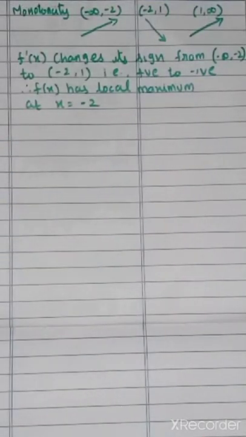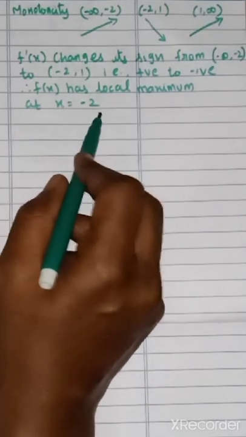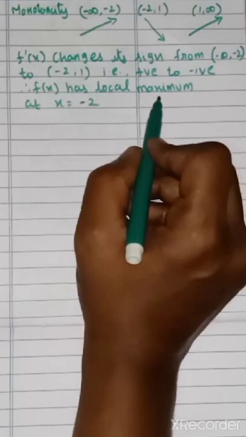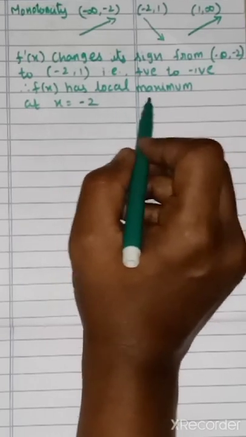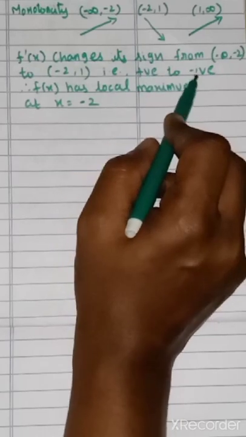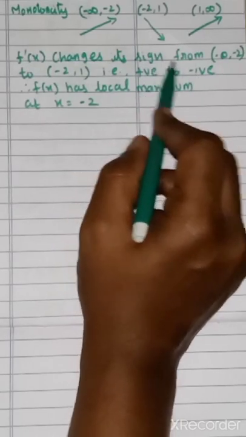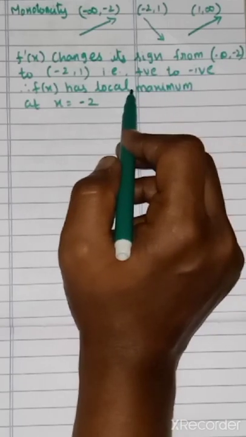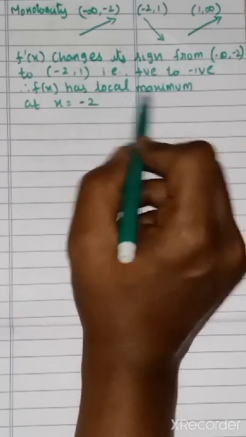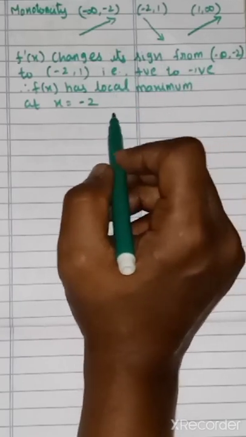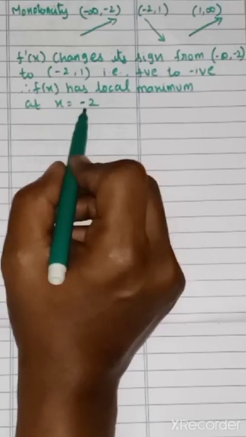If it is negative to positive change, then local minimum, that's all. So the condition for local maximum and local minimum: positive to negative is local maximum, negative to positive is local minimum. Okay, so x equal to minus 2 is found.